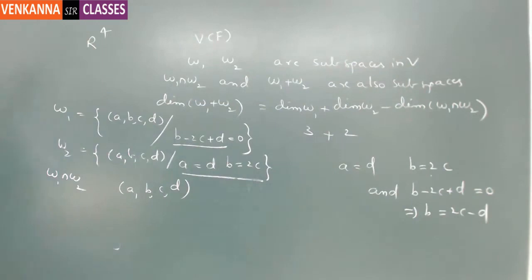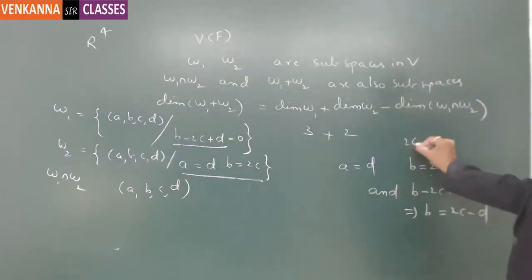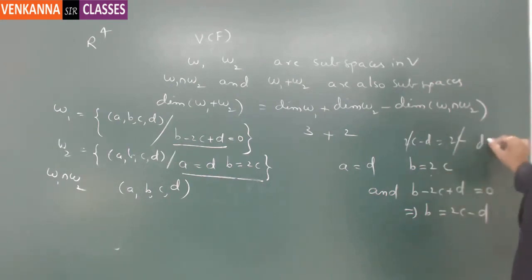So you have a is equal to d, b is equal to 2c and b minus 2c plus d equal to 0, which is nothing but b is equal to 2c minus d. So if you substitute this value here, you have 2c minus d is equal to 2c. So from this you can say d is equal to 0.